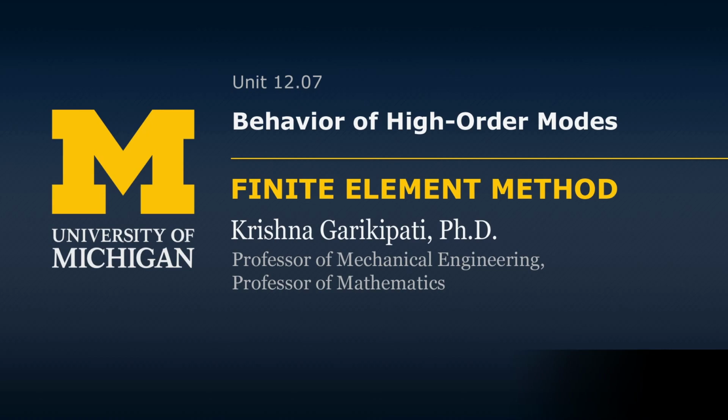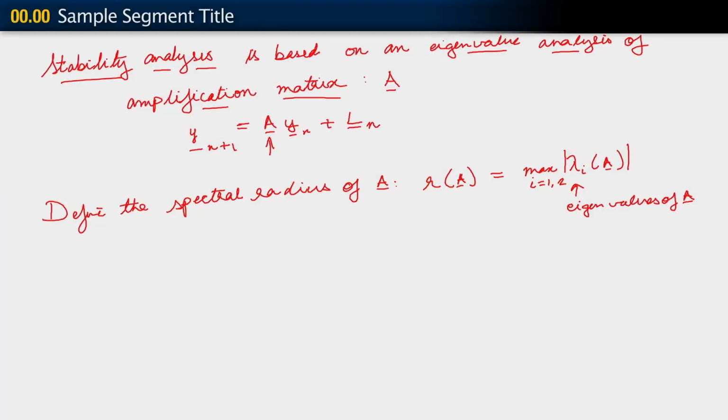Okay, not just the maximum eigenvalue, but actually it is the magnitude of it, okay, accounting for the fact that the matrix A may not always be symmetric, and therefore it could have complex eigenvalues, right? Accounting for that, we write out our spectral radius as being defined as the max over i equals 1, 2 of the magnitude.